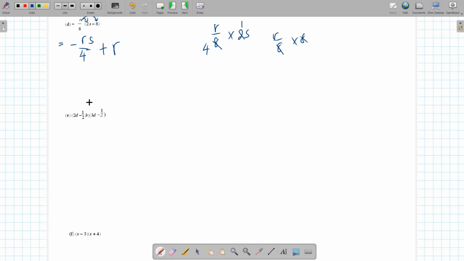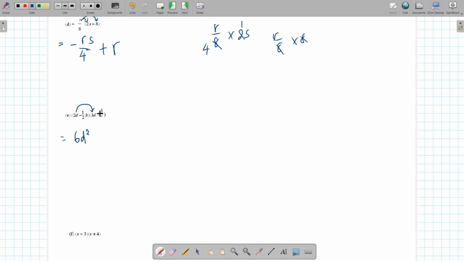Next, what if we have expressions in two brackets like this? We will need to do it one by one. We start with the first one: 2d times 3d. So 2 times 3, we get 6. d times d, we get d squared.